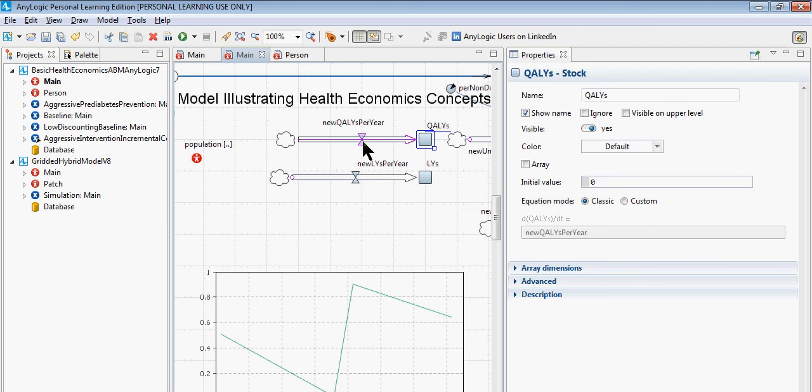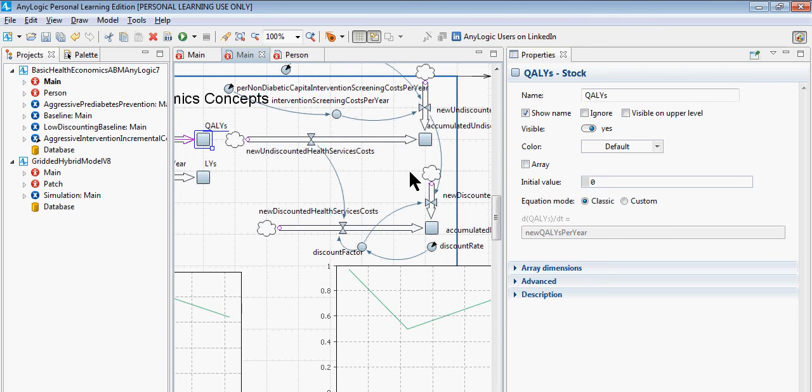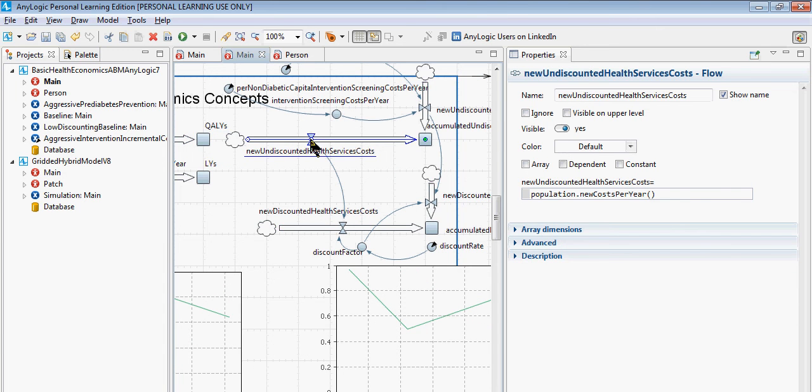Ladies and gentlemen, when you have a flow into a stock, a single flow, that stock is the integral of this flow. Let me repeat that again. At a mathematical level, this stock is the integral of this flow. Why? Because this flow represents the rate of change of this stock.